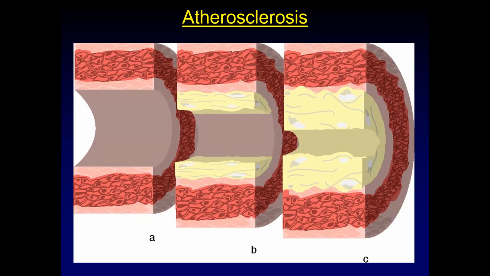In B, you can see there's been some plaque deposits. We've narrowed it to some extent. And then C is some further progression. Most of you aren't quite this clean. You may have some very, very small plaque deposition. I tell you this to illustrate the point that atherosclerosis is a progressively developing thing.